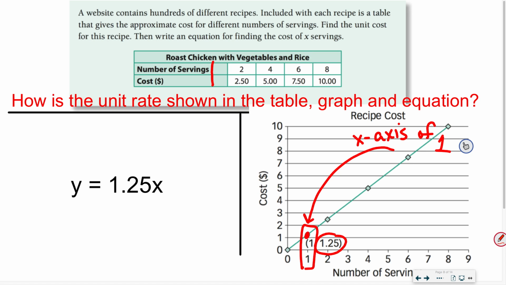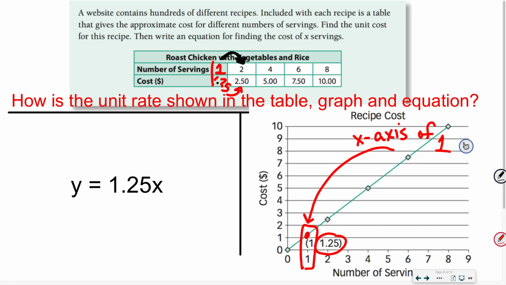I can divide, and if I follow the pattern of my table, every 1 is an increase of what? Every 1 serving is $1.25, so if I'm going from 2 servings to 1 serving, I go backwards, and that's where I'm getting my 1.25.